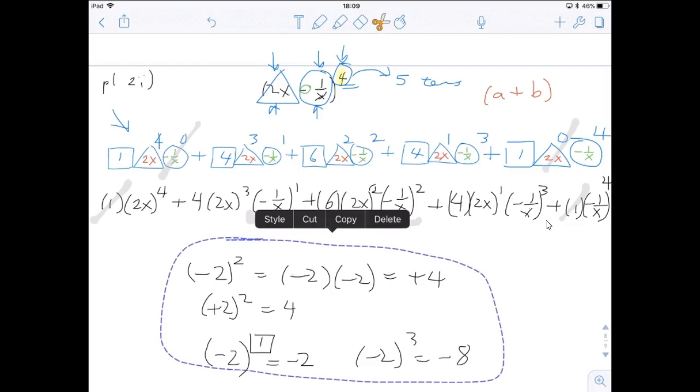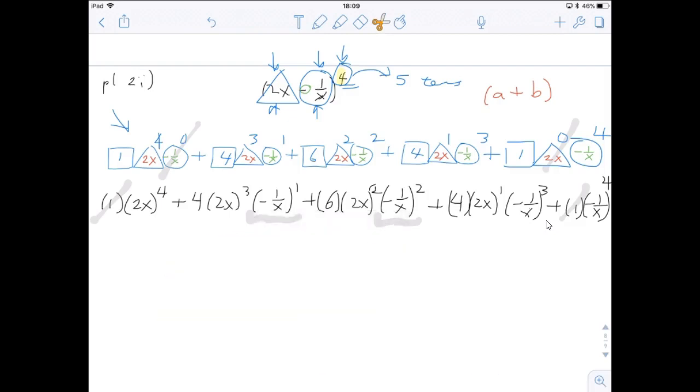Okay, so knowing that, let's change it so that instead of having the negatives inside each one of these, we take it out if it's still going to exist. Okay, so let's see. This one here, the negative is still going to exist, okay, because it's odd power.